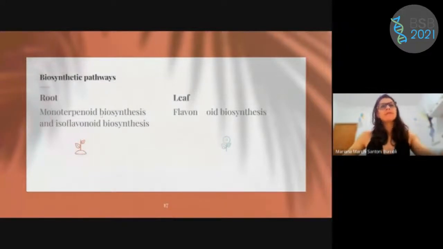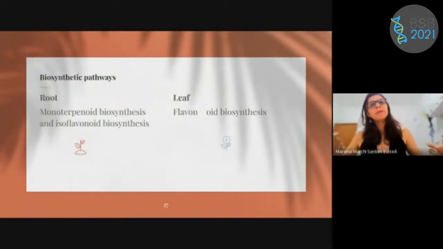Enzymes involved in monoterpenoid biosynthesis and isoflavonoid biosynthesis were identified in root, while flavonoid biosynthesis and biosynthesis of alkaloids derived from histidine and purine were identified in leaf.